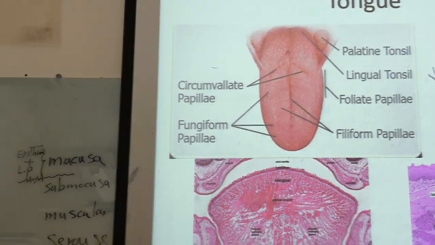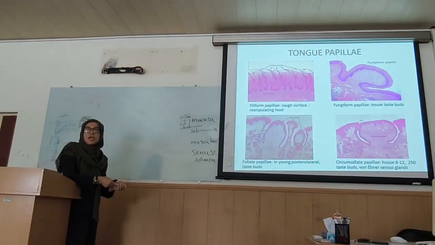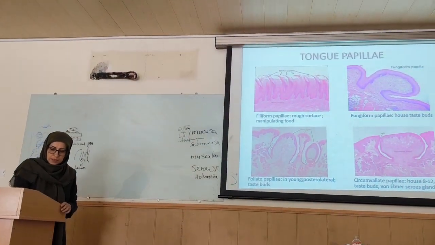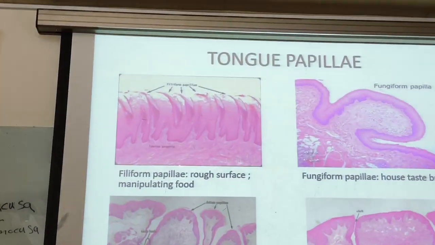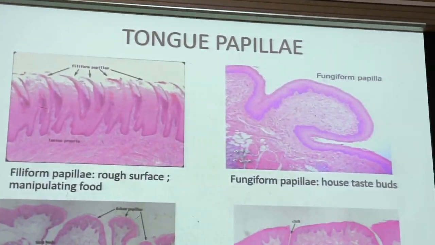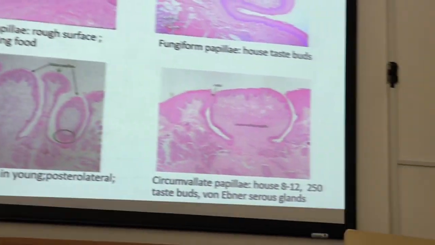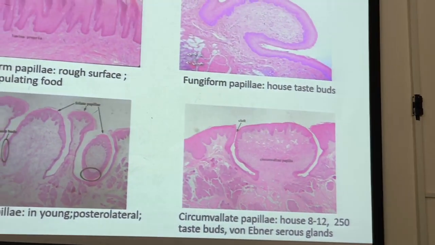These papilla, based on their shape, are divided into 4 types: filiform papilla, fungiform papilla, foliate papilla, and circumvallate or vallate papilla.